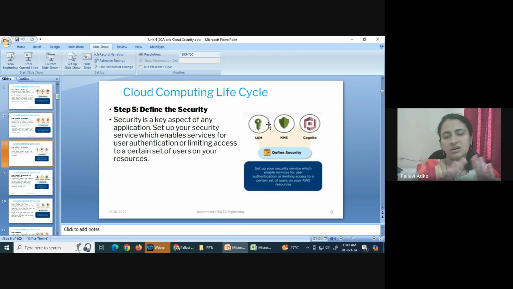So which services will which type of person use? Suppose there is one person who has to handle only the databases, then only the S3 service will be given to that person. Suppose I am going to build everything onto the network, then the network services will be given to that person.